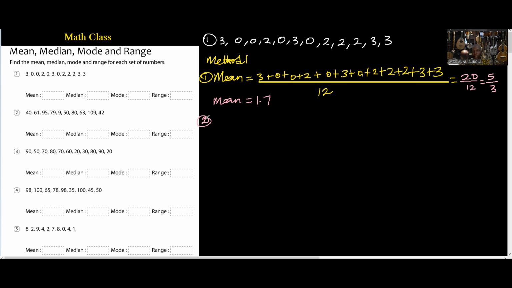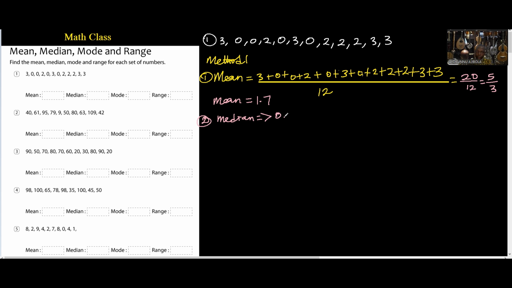Now to get the median, I need to rearrange all the numbers from the smallest to the biggest, and I'll find the one in the middle position. So the median will be gotten by rearrangement. So how many zeros? One, two, three, four.